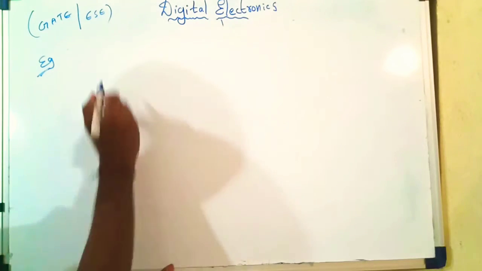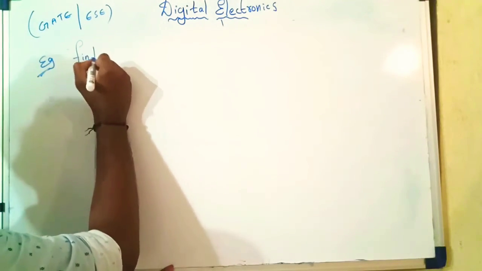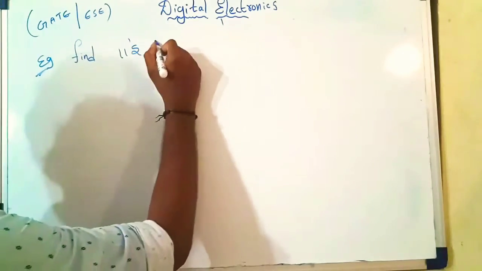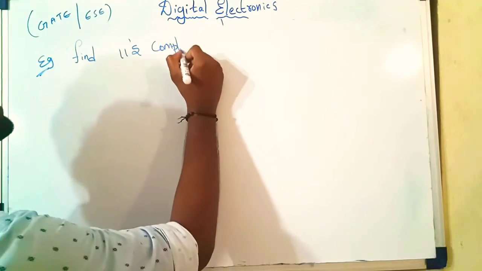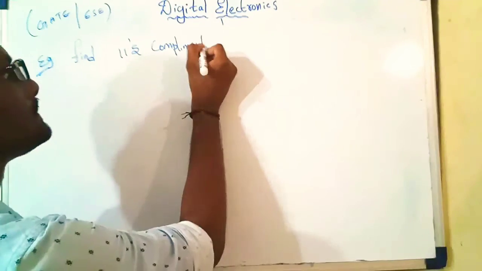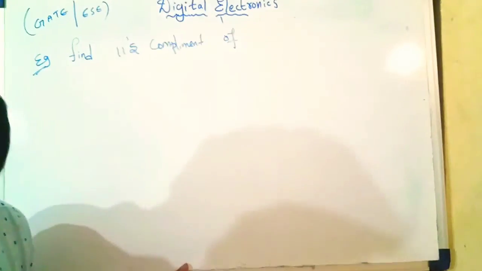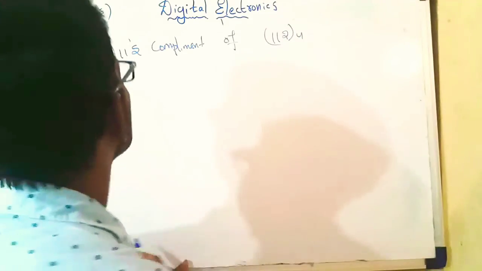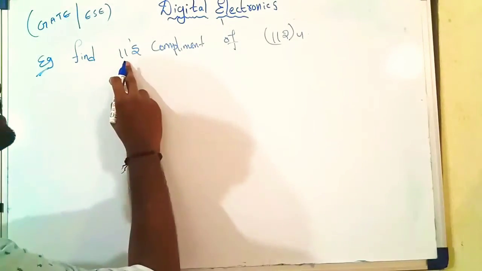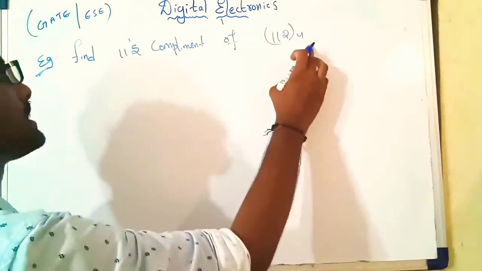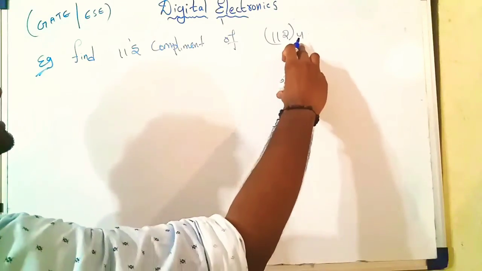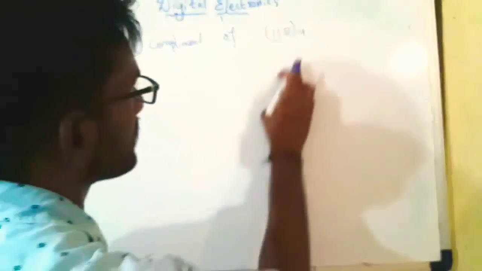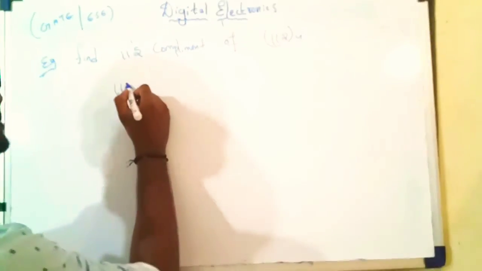Let us take another example. Find the 11's complement of 112 base 4. For finding the 11's complement, the base value should be 11 plus 1, which means base 12. So here the base value is 4. First we need to convert this to the base 12 system.